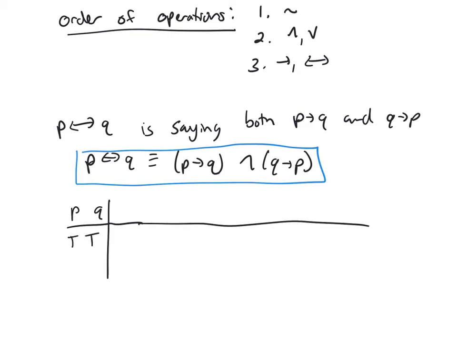So again, I still have 4 rows. If P then Q, Q then P. So here you get true, false, true, true, true, true, false, true.